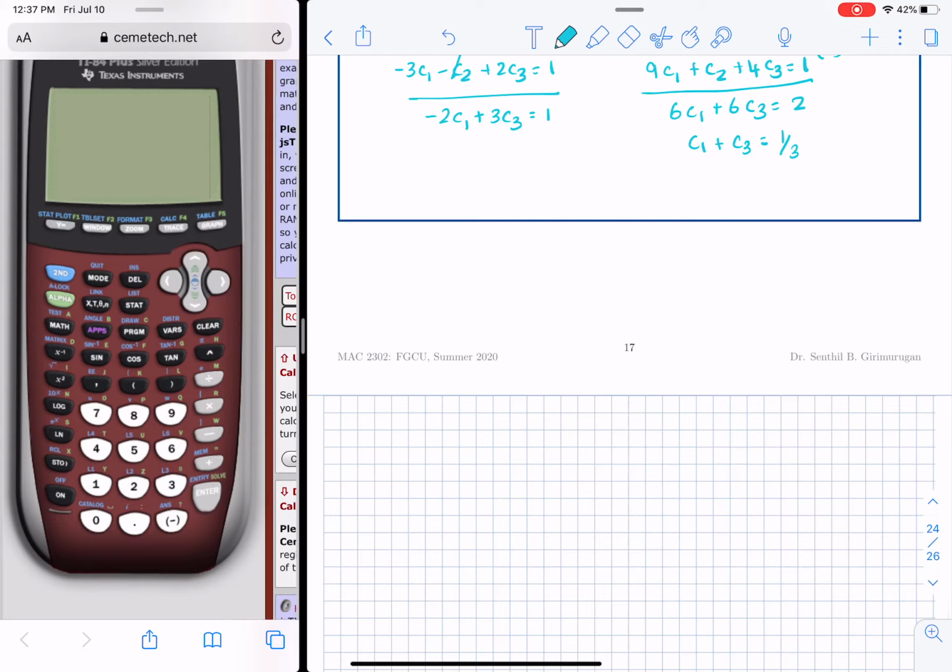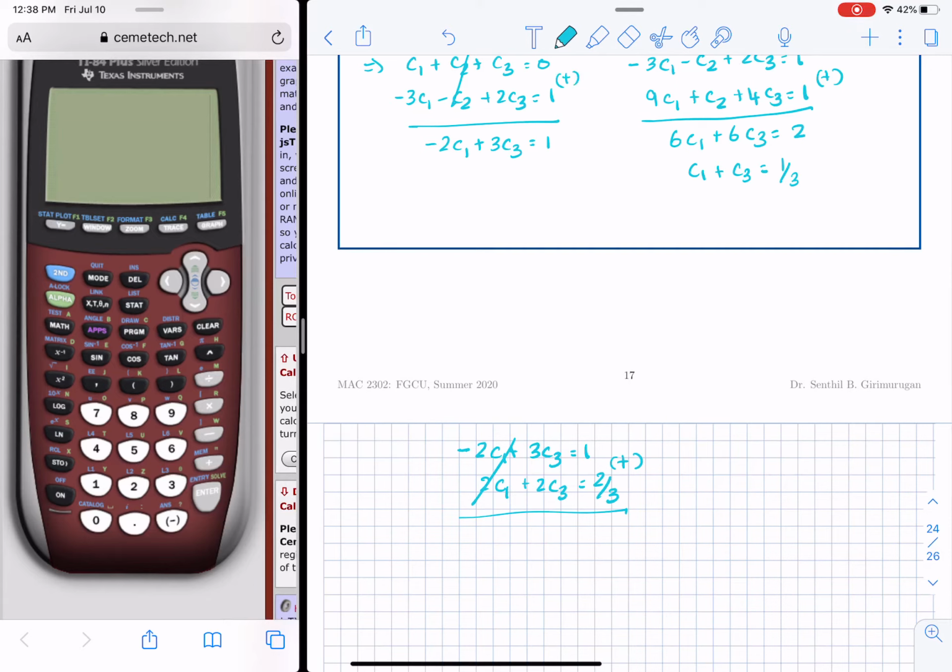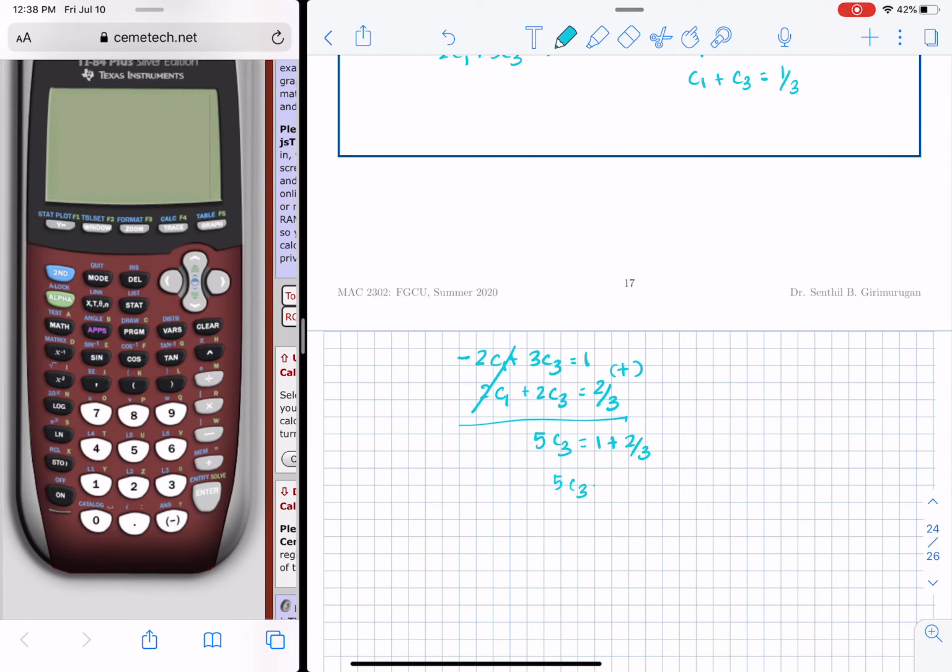Now we have two equations, minus 2c1 plus 3c3 equals 1. I'm going to multiply the second equation by 2, so I have 2c1 plus 2c3 equals 2 over 3. I'm going to add them. So 5c3 would equal 1 plus 2 over 3. 5c3 would be equal to 5 over 3. This would mean c3 is 1 over 3.